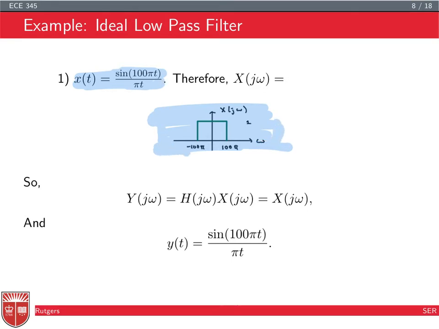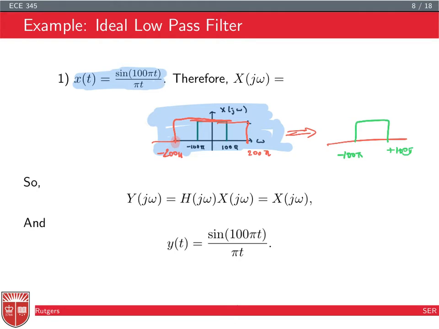To find the output, we take the product with the filter, which is between minus 200 pi and plus 200 pi, and the gain is 1 also. So when you multiply the red thing with the green thing, you get the green thing, between minus 100 pi and plus 100 pi.